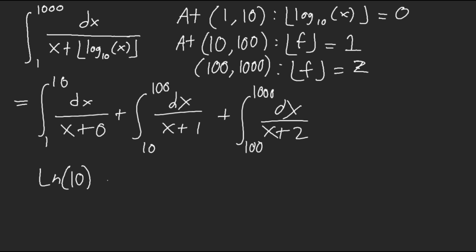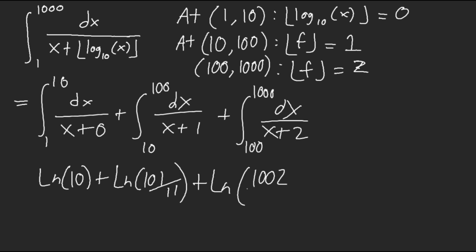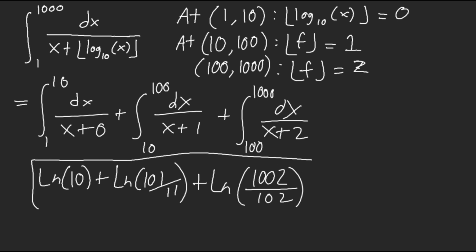Ln of 10 here, and then we have ln of 101 minus ln of 11, so I'm just using log rules here. We have 1002, 102, something like that. Yeah, this is our answer. Okay, not a pretty answer, but at least you get the idea of how to solve something like this.